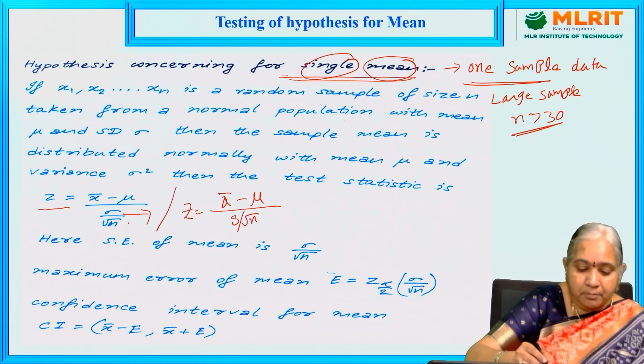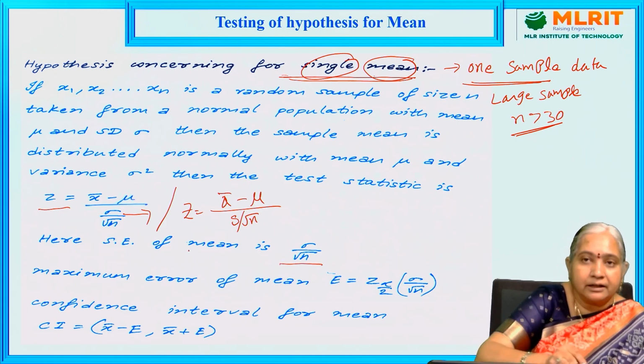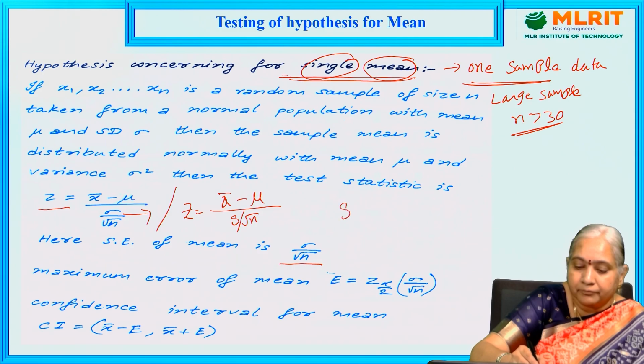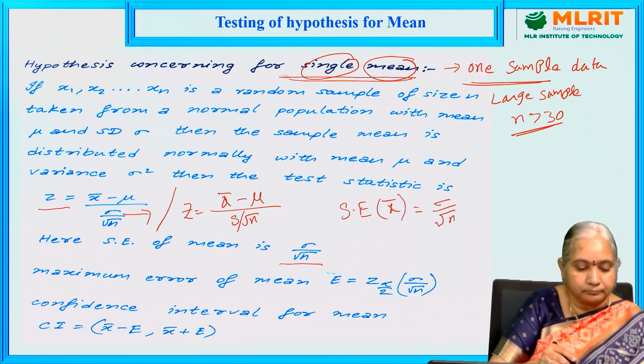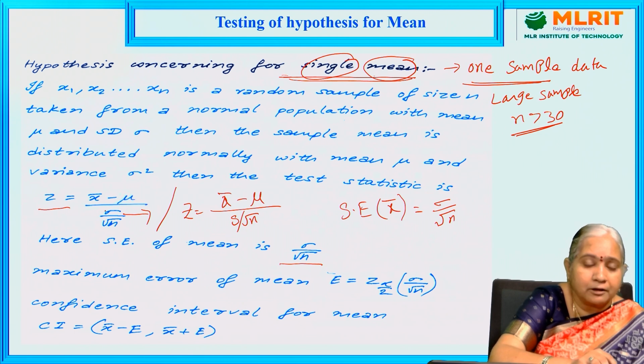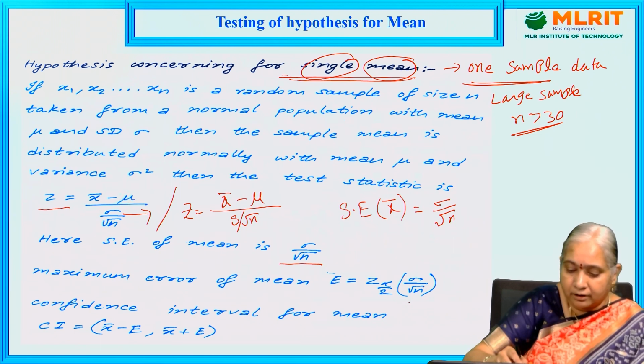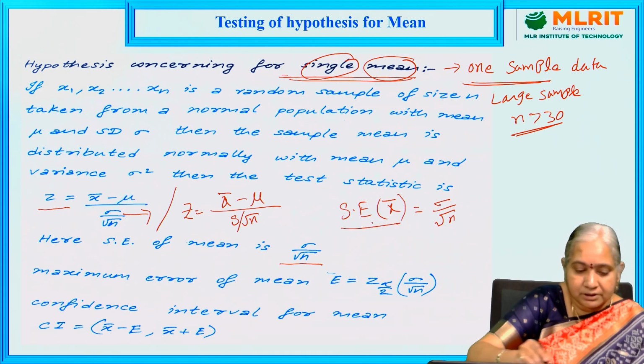Here sigma by root n is the standard error of a sample mean, denoted by SE of x bar. So this formula can be written as (x bar minus mu) by standard error of x bar.